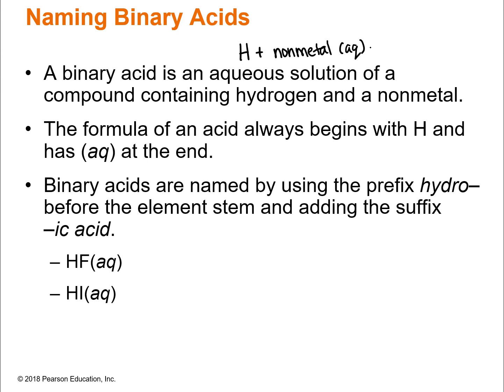The way that we name these, the first word is going to always start with hydro. That's for the hydrogen. Then you're going to put the element stem, which is the same as the root, that first syllable.